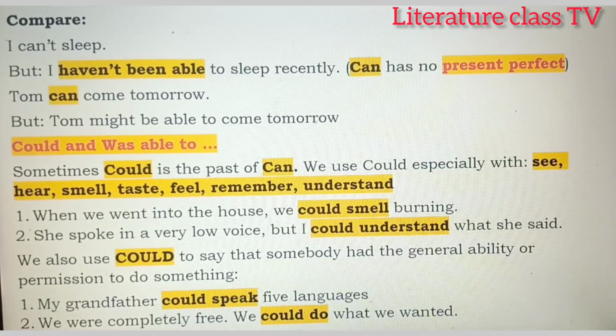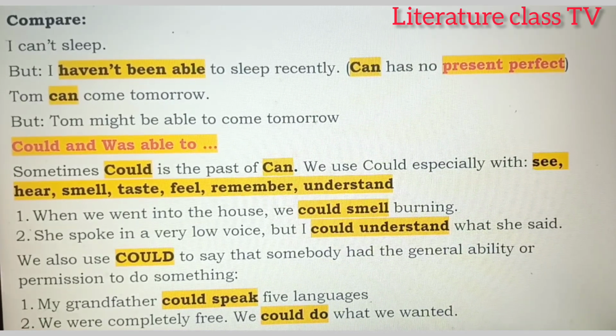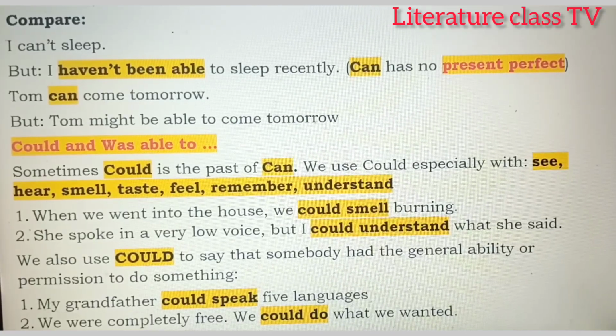We also use could to say that somebody had the general ability or permission to do something. Example, my grandfather could speak 5 languages.